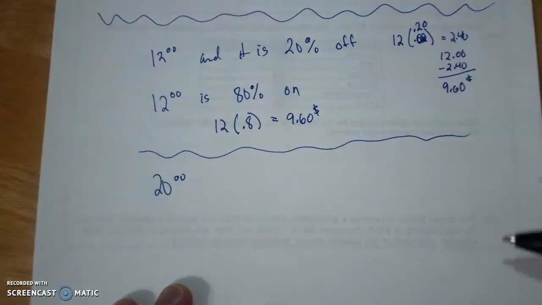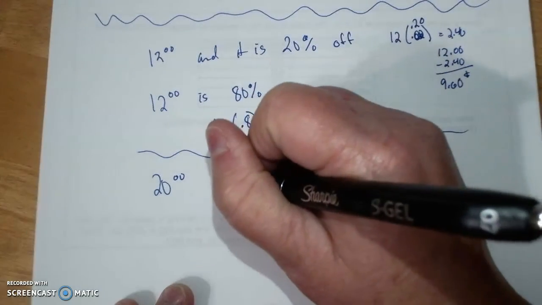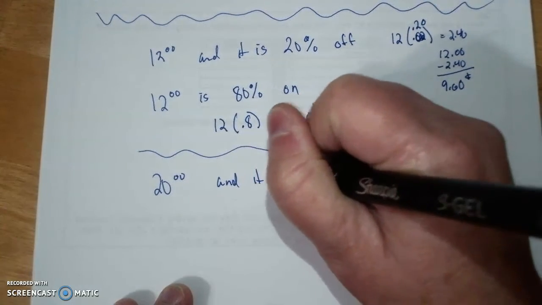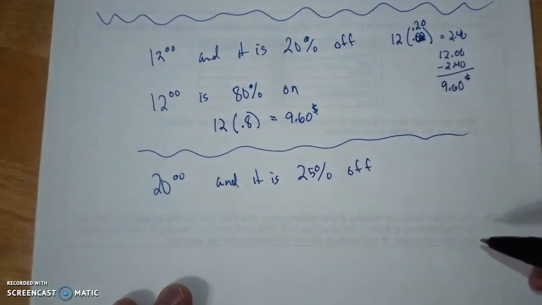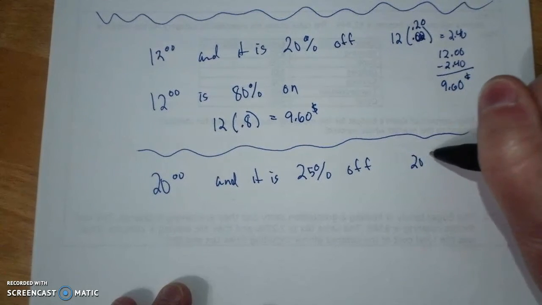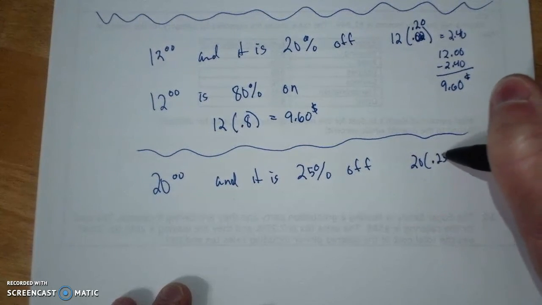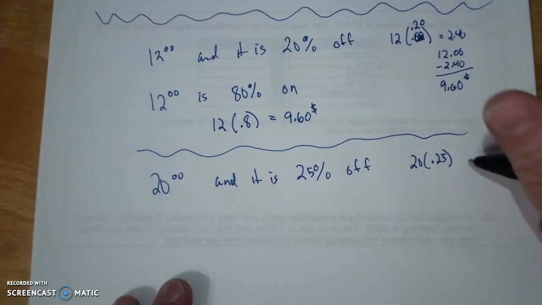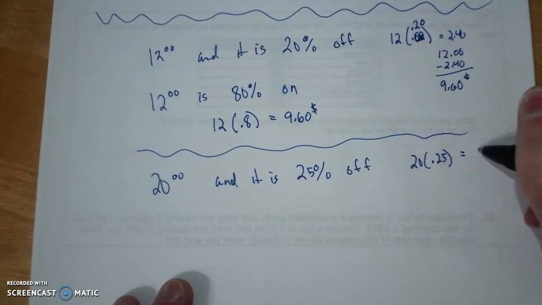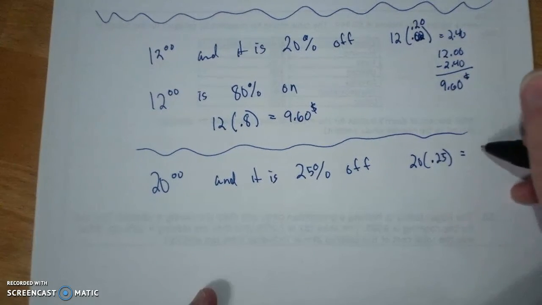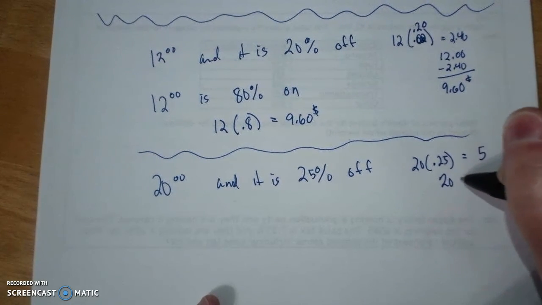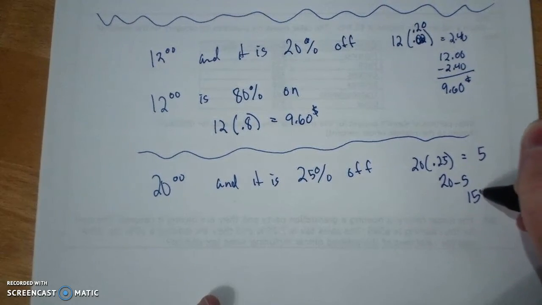Let me do another example. $20, and it is 25% off. So you do 20 times 0.25, which is 5, and then 20 minus 5 is $15.